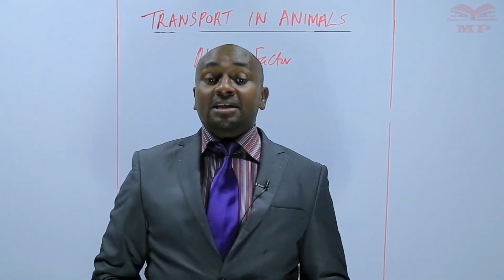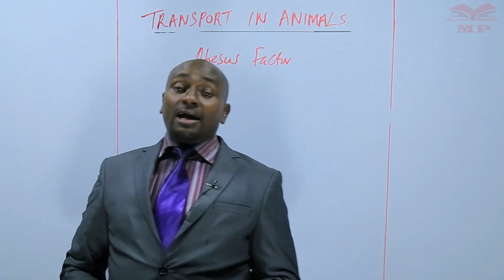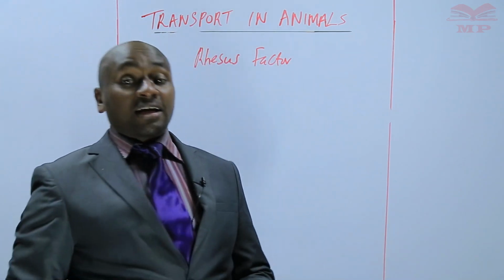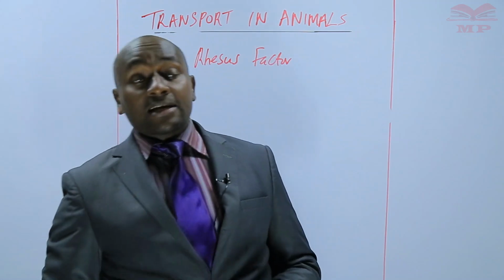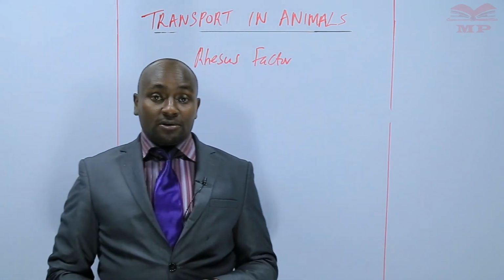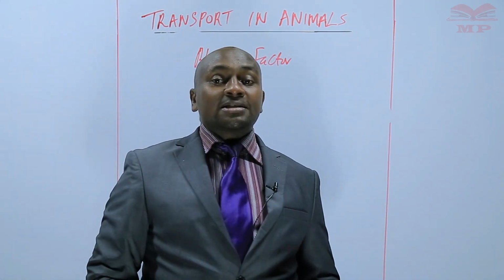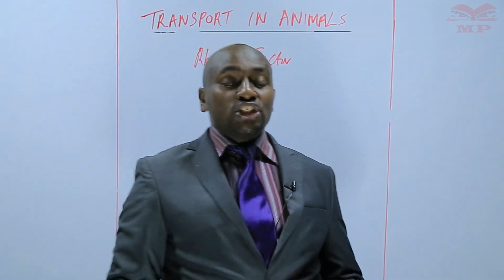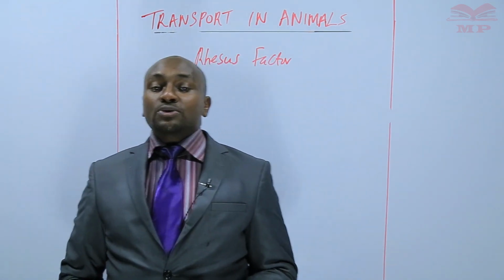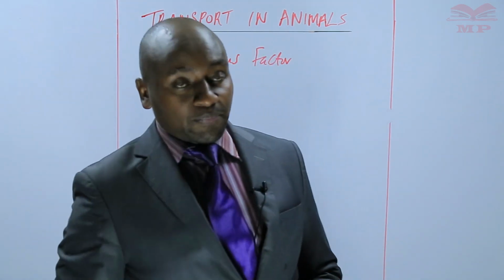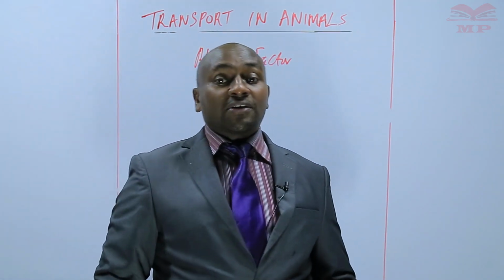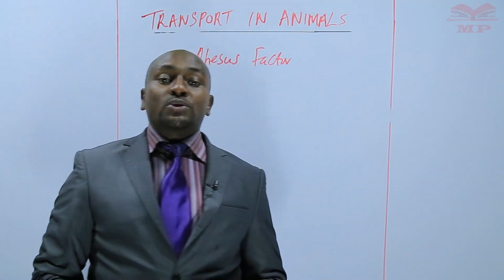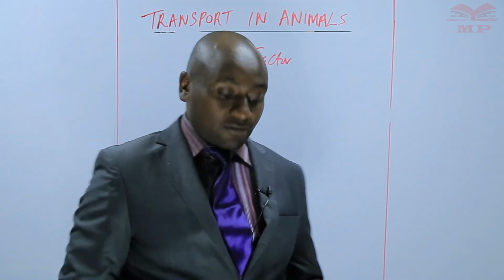If a person has the Rhesus factor antigen, then we say that that person is Rhesus positive. But if the person does not have the Rhesus factor, we say that the person is Rhesus negative.